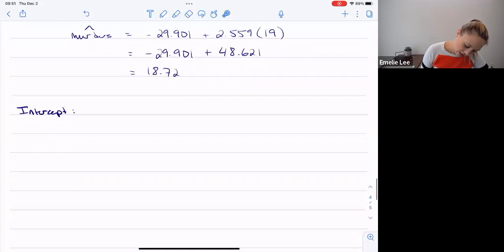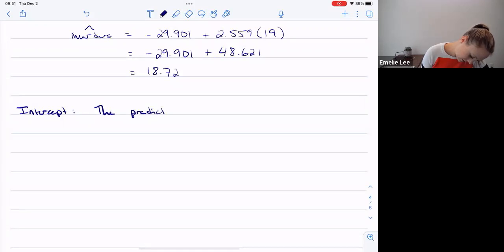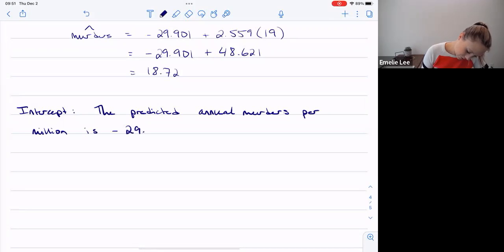The predicted annual murders per million is negative 29.901 if the percent in poverty is 0.